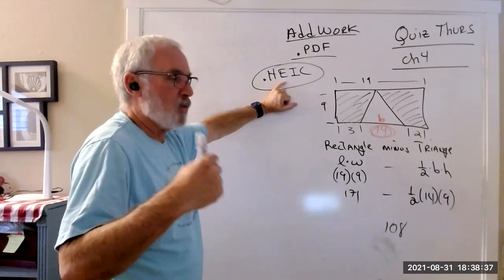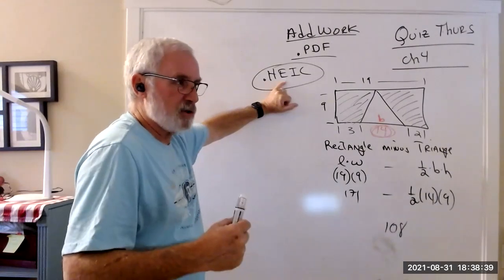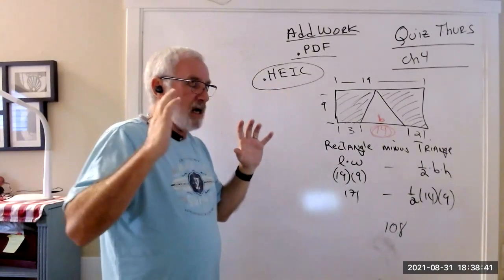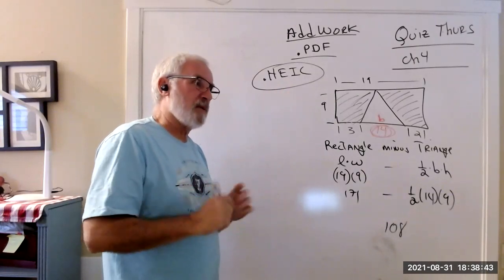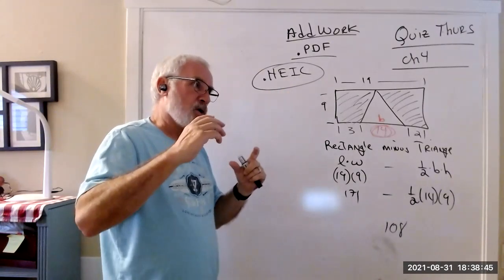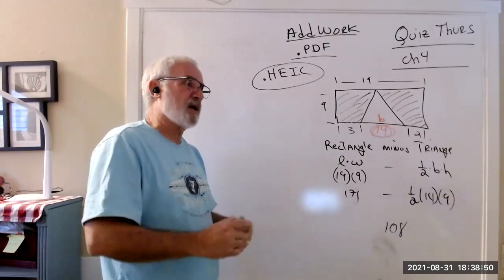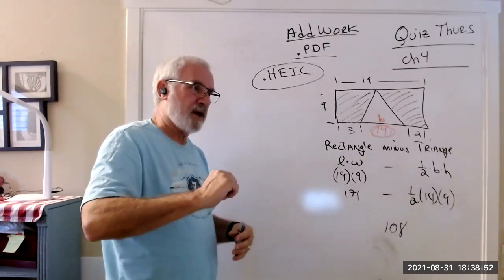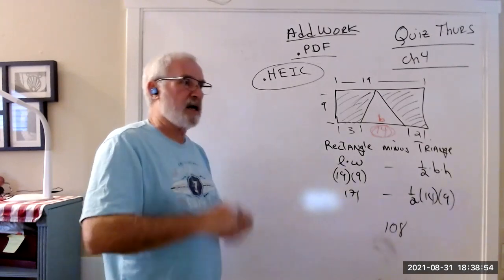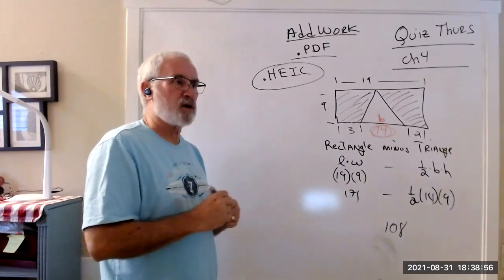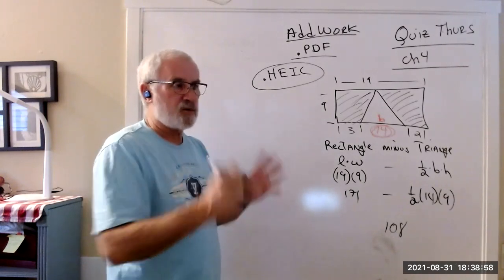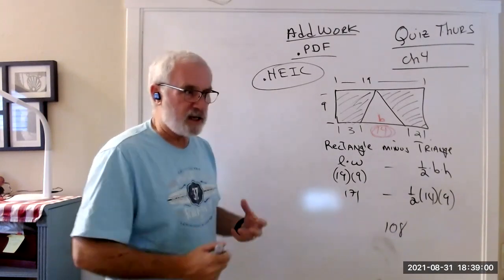When we upload into Canvas, I spend a lot of time marking up your quizzes and your tests. You send me a quiz, and I'll write comments on it. I'll show you where your mistakes were, and I'll write all over your work and then get it back to you.